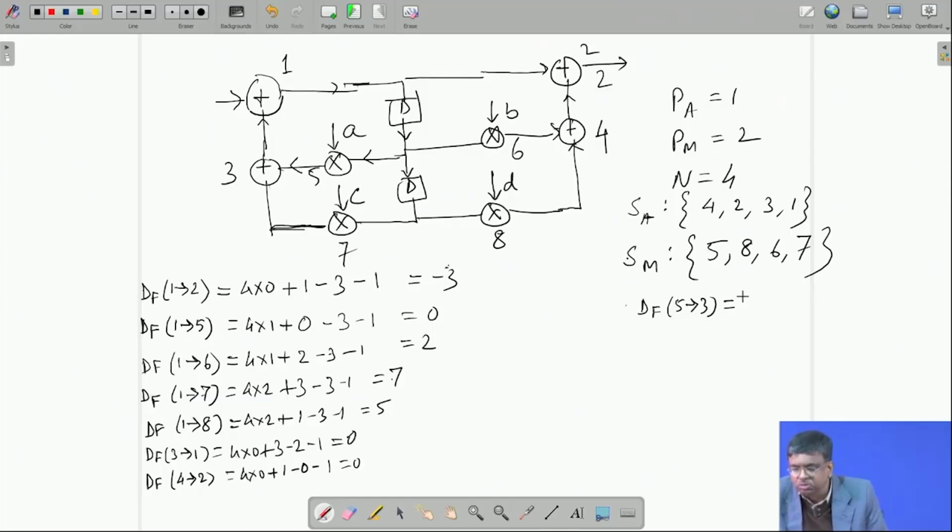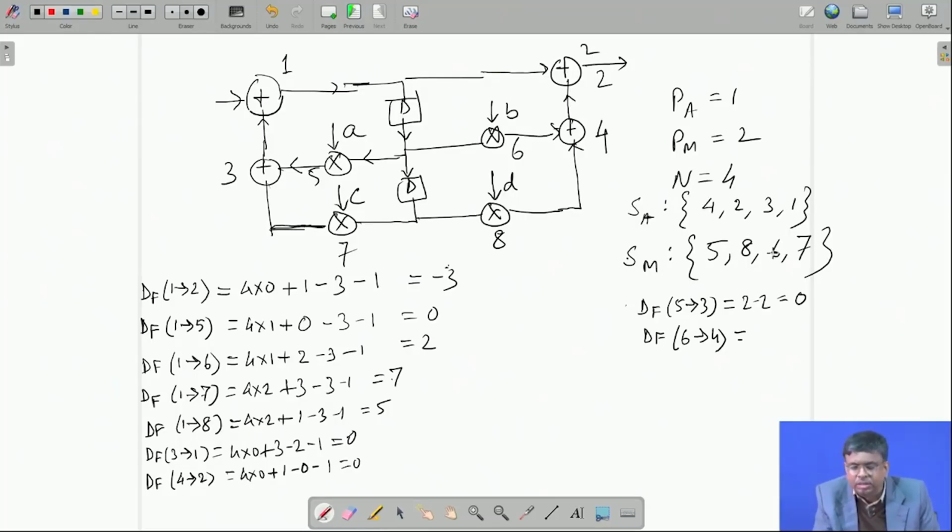So, 2 minus 2, which is 0. Similarly, DF 6 to 4. 4 is the destination, which is an adder, schedule 0, 6 has schedule 2, and no delay in the edge. So, 0 minus 2 minus the number of pipeline latches in multiplier 6, which is 2. So, again I am getting a negative quantity.